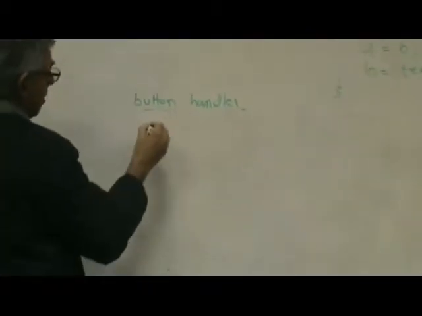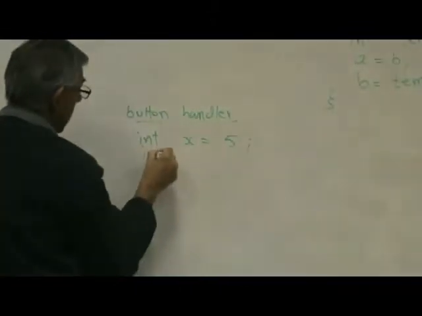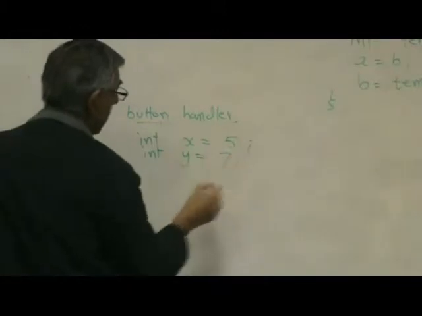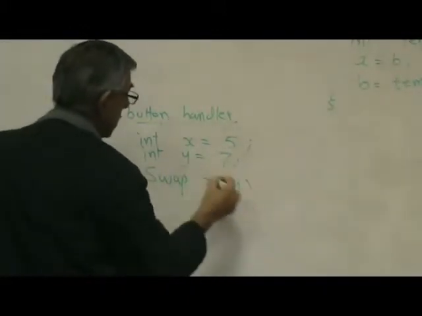Let's say int x equal to 5, int y equal to 7. Then you will call swap of x comma y.